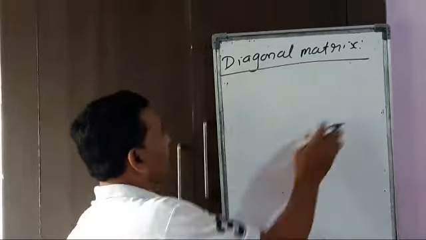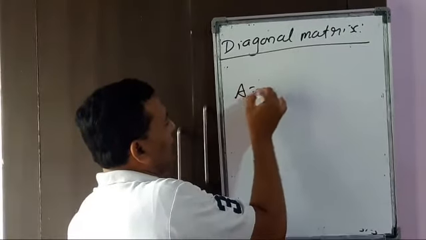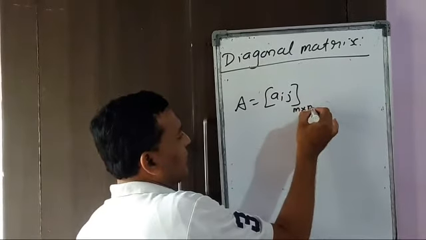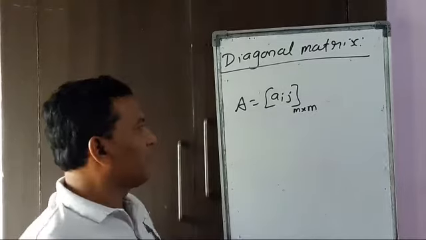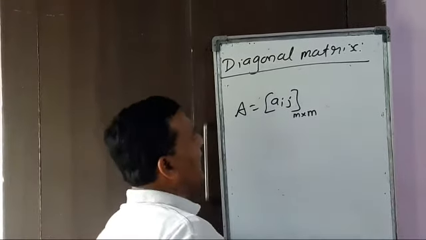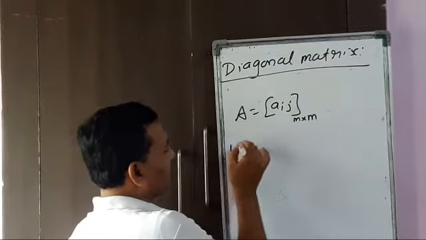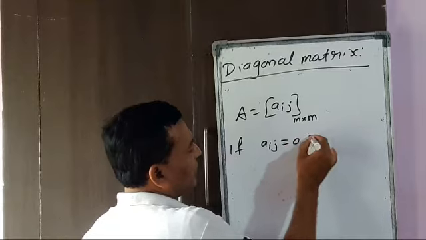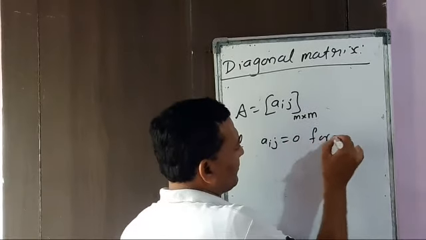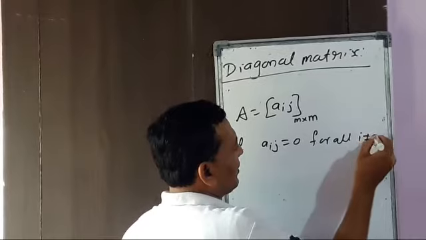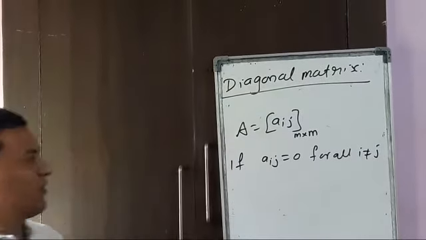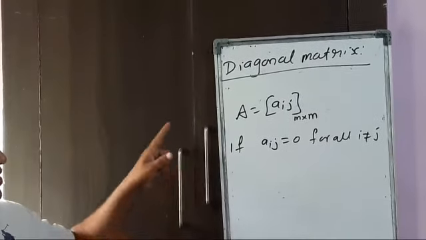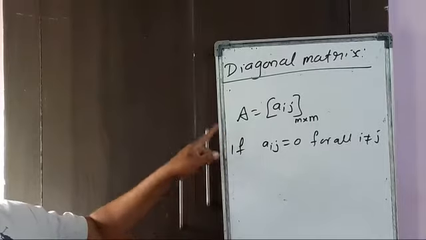That means A equal to Aij of order m cross m, because I told you it should be a square matrix, is said to be a diagonal matrix if Aij equal to 0 for all i not equal to j. Here it's very important that all non-diagonal elements should be equal to 0.